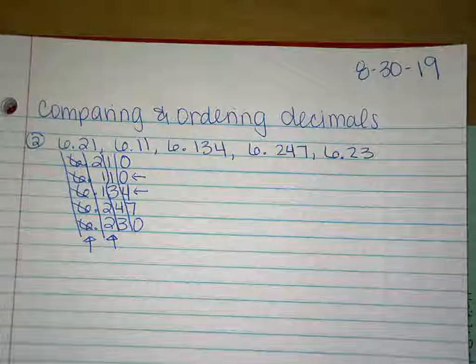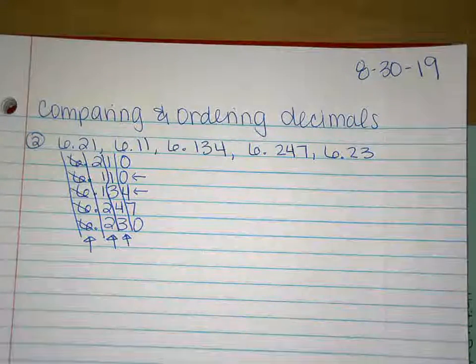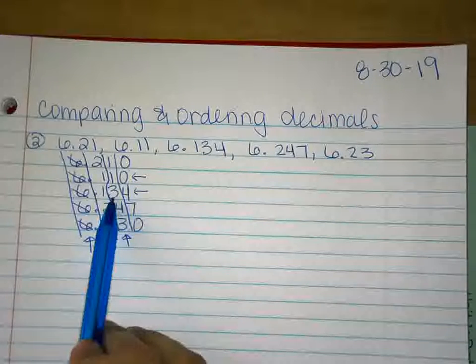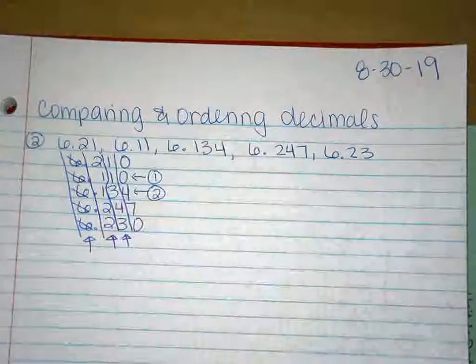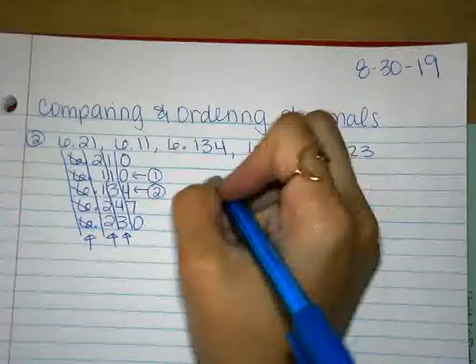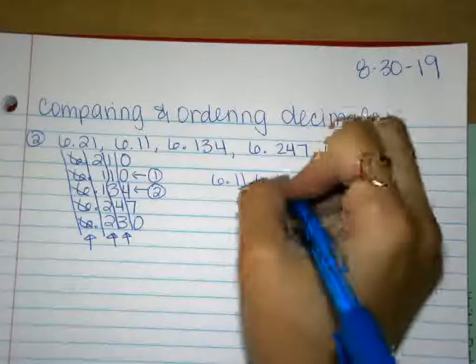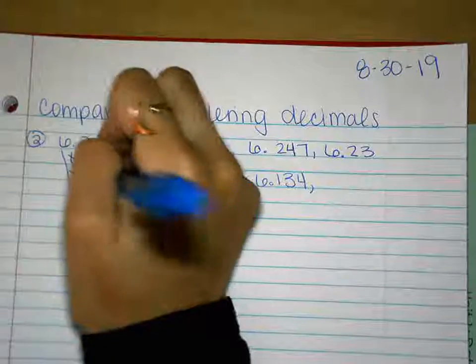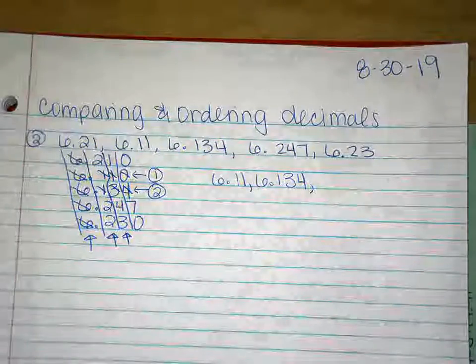But I have to still go one more over into that third column, into that hundredths column, and notice I have a 1 and a 3. I need to pick the number that is the smallest. The 1 is the smallest, so the 1 has to come first, and the 3 has to come second. Which means my order so far says 6.11 and 6.134. I get those out of the way. They're done. I'm going to cross them off so I don't even have to look at them anymore.